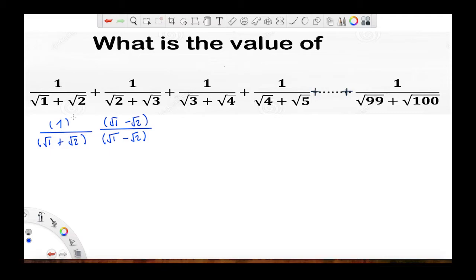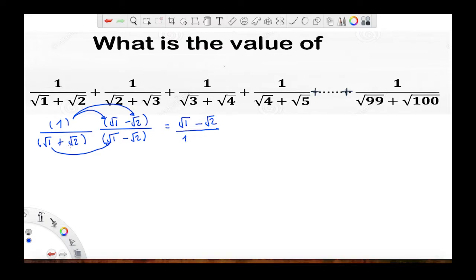So if we multiply, 1 times root 1 will give us root 1, the square root of 1, which is also the same as 1. 1 times root 2 will give us minus root 2, divided by, if we look at the denominator, it's the difference of 2 squares. We can multiply root 1 times root 1, which is the same as 1.